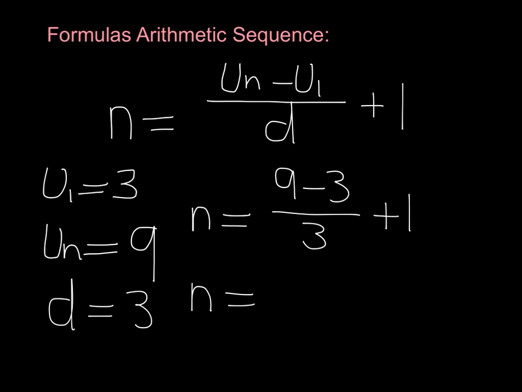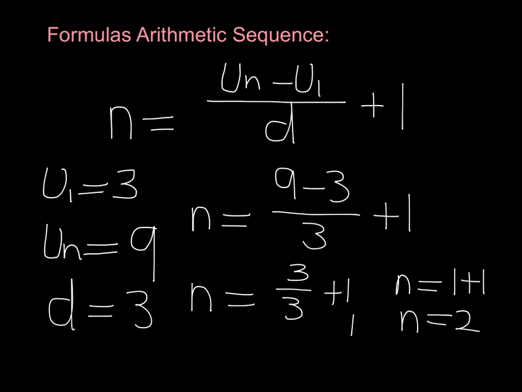So n equals 6 over 3 plus 1, and 6 over 3 is 2, so n equals 2 plus 1. So we know that n equals 3. The position in which we can find 9 is 3. So u3 would be 9.